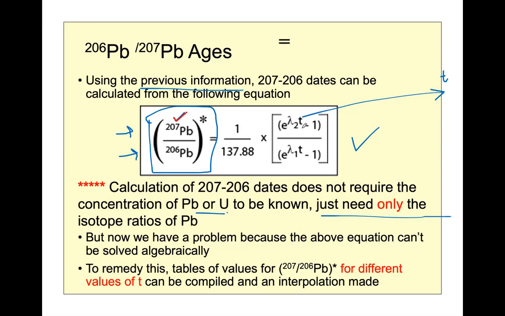In the case of strontium isotopes, we wanted to know rubidium strontium ratios to determine the T. But in this case, since this part is a constant, we don't actually need other terms other than measuring 207 and 206.